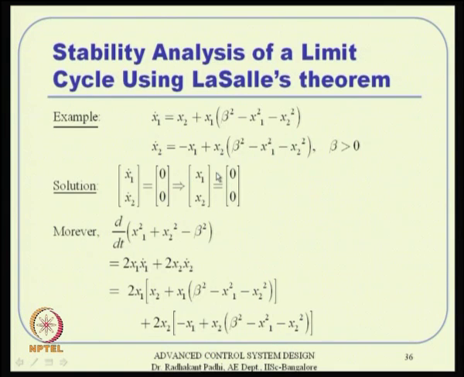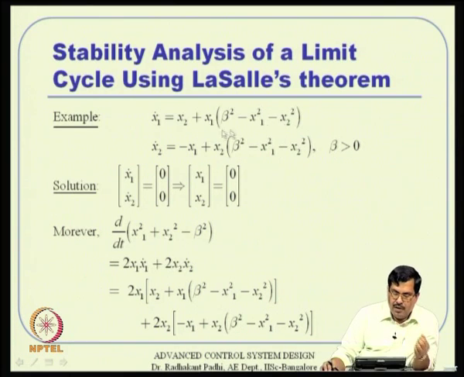Let us see that example, and then the ideas will probably be more clear. So, let us talk about an example where x 1 dot is given like this and x 2 dot is given like that, where beta is greater than 0. Okay. And if I put x 1 dot equal to 0 and x 2 dot equal to 0, with beta strictly greater than 0, then what happens actually?